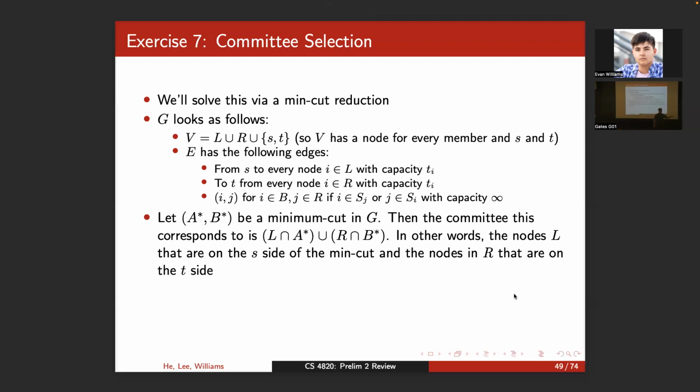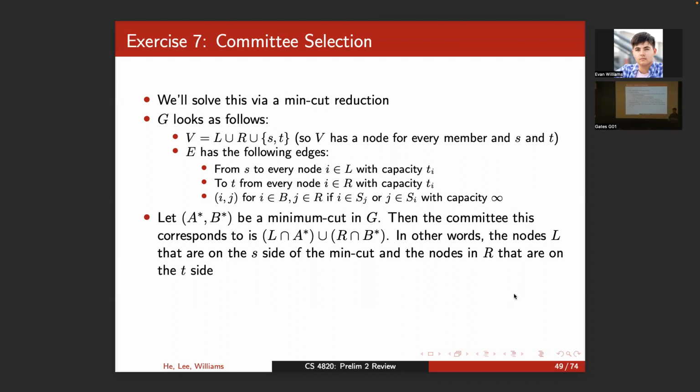Okay, so we're going to let A star, B star be the minimum cut in G, and the committee that this corresponds to is going to be L intersect A star, and then R intersect B star, right? And what we're claiming is, the nodes that are on the S side of the min cut in L and the nodes that are on the T side of the min cut in R, right?